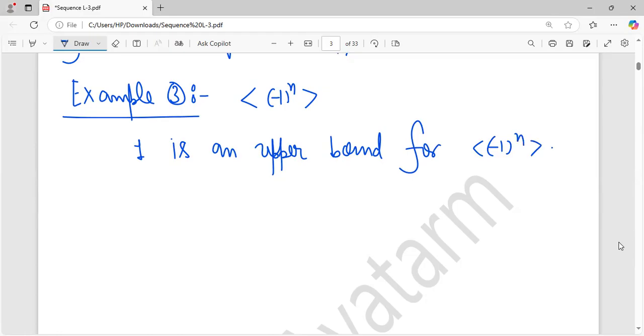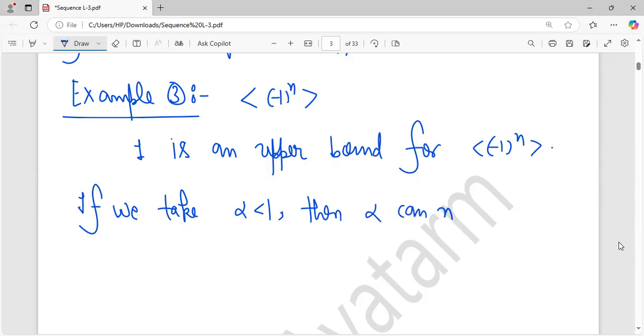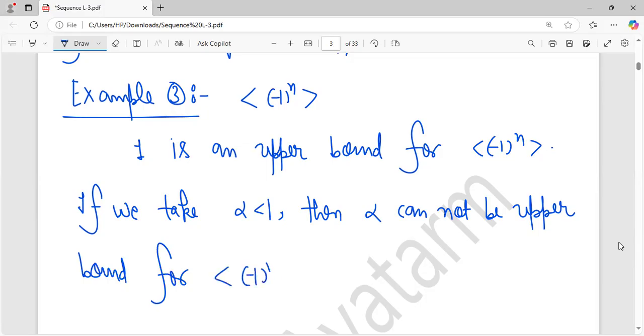Now, if we take alpha less than 1, then alpha cannot be an upper bound for this sequence.